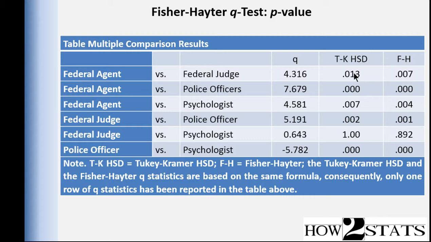I mentioned in the textbook that the Tukey-Kramer HSD, better known as just the Tukey's test, is more conservative than the Fisher-Hayter test. That's why I recommend that you use the Fisher-Hayter test, because it is not as conservative, and it still simultaneously keeps the family-wise error rate close to 0.05 for the entire family of the analyses.